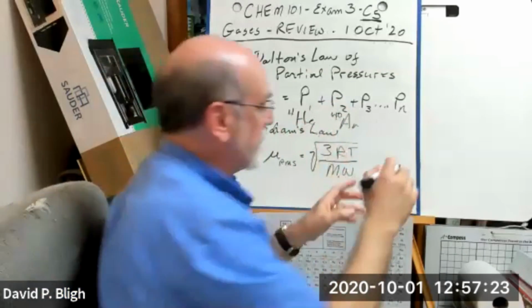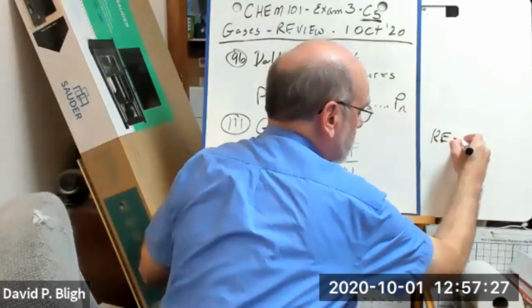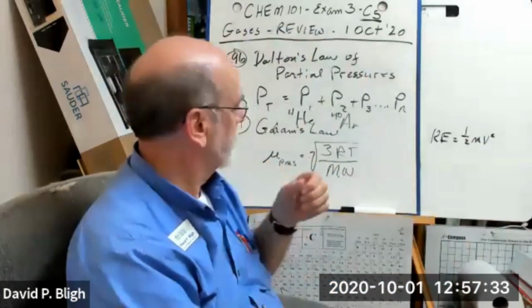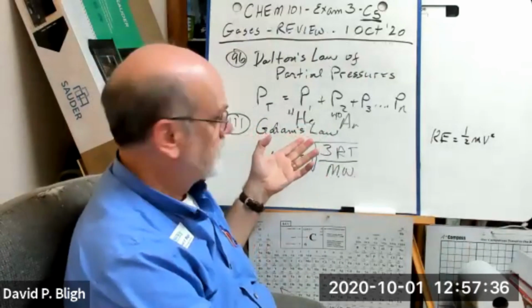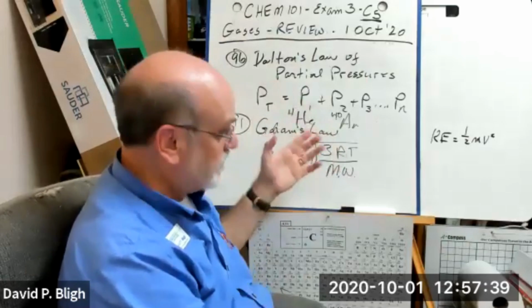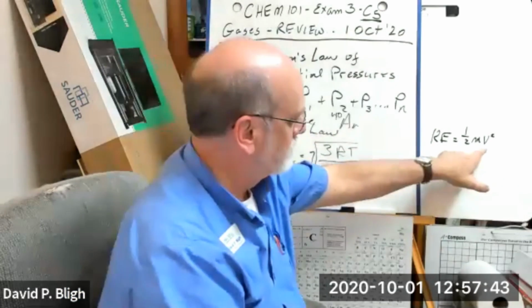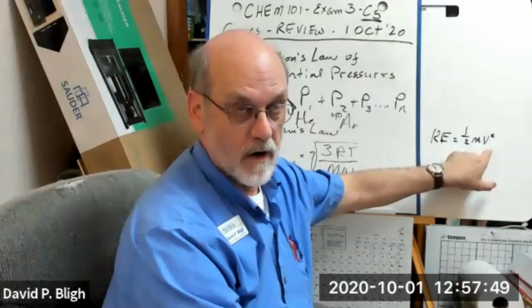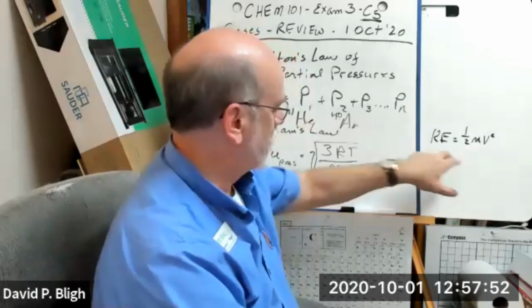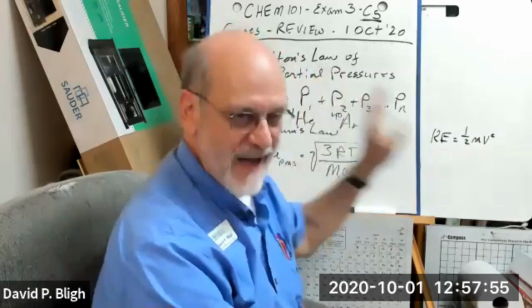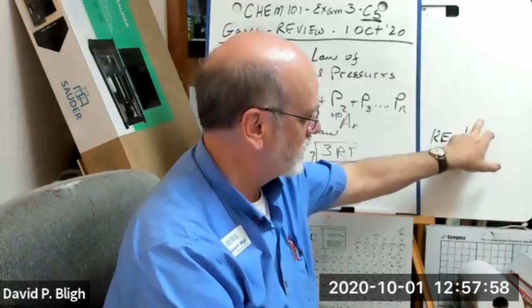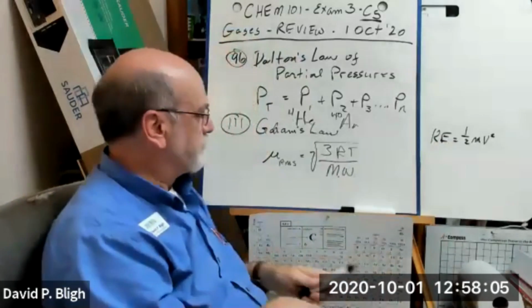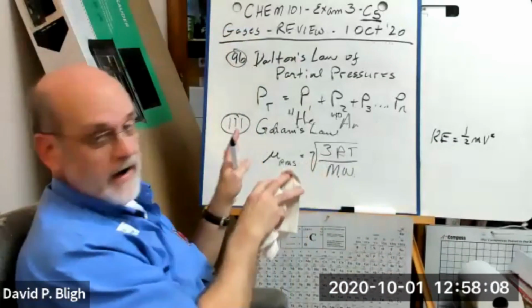Based on the kinetic energy formula, 1/2 mv squared, if you're just talking about individual particles, they have to have the same kinetic energy, so mass and velocity are inversely proportional. If the mass of one is greater than the other, then the velocity has to go down. If one goes up, the other has to go down in order to have the same kinetic energy. So that's why Graham's law works.